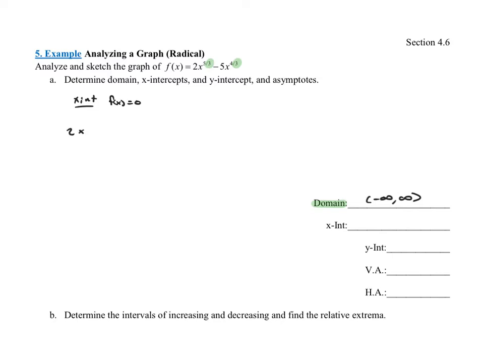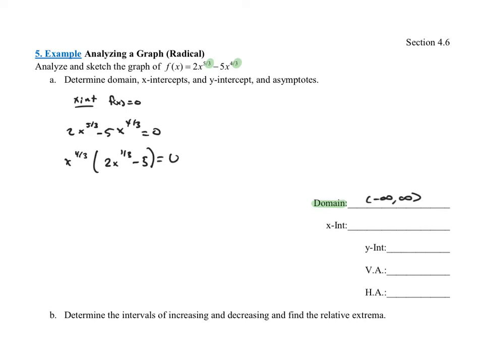If we set 2x to the 5/3 minus 5x to the 4/3 equal to 0, what could we do? Well, we could factor this, and in fact what we could factor out is an x to the 4/3. When we do that, 2x to the 5/3 divided by x to the 4/3 would be 2x to the 1/3, and then minus 5x to the 4/3, take away the x to the 4/3, you would just have minus 5.